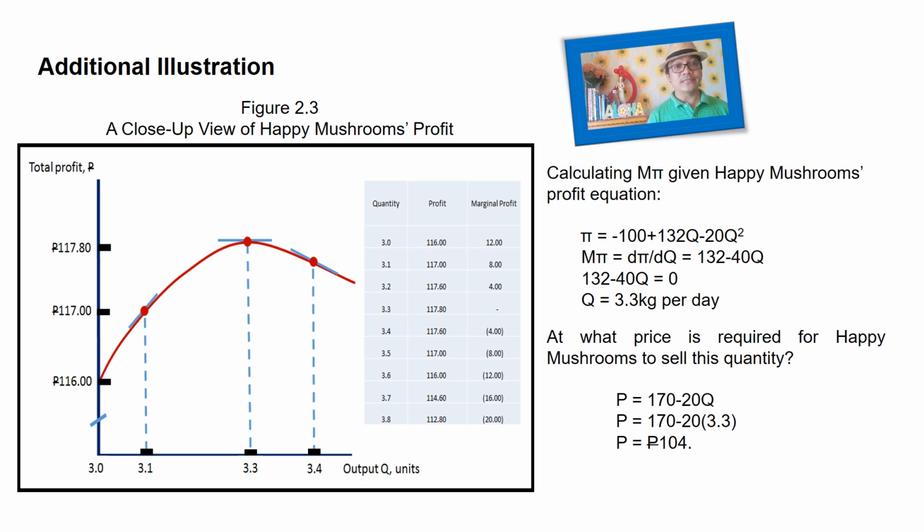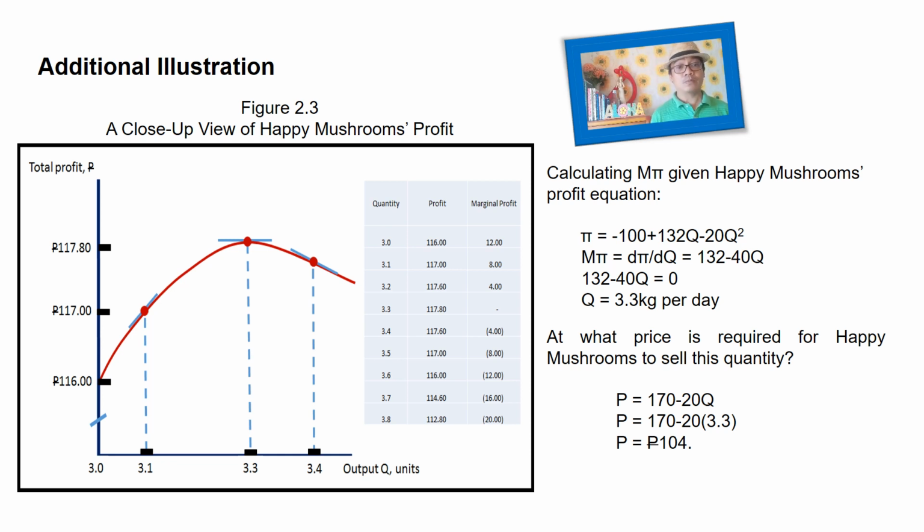Now, equating this to 0, we have 132 minus 40q equals 0. By simple calculation, our q is therefore equal to 3.3 kilograms per day. Therefore, at 3.3 kilograms daily harvest, Happy Mushrooms' marginal profit is 0. This is the output that maximizes profit.